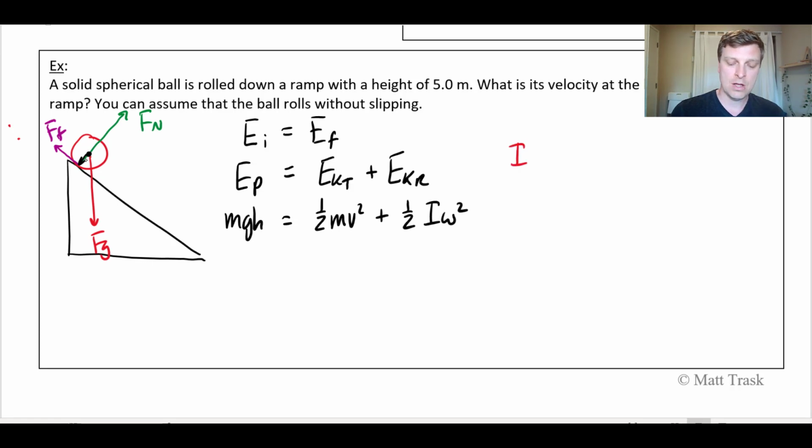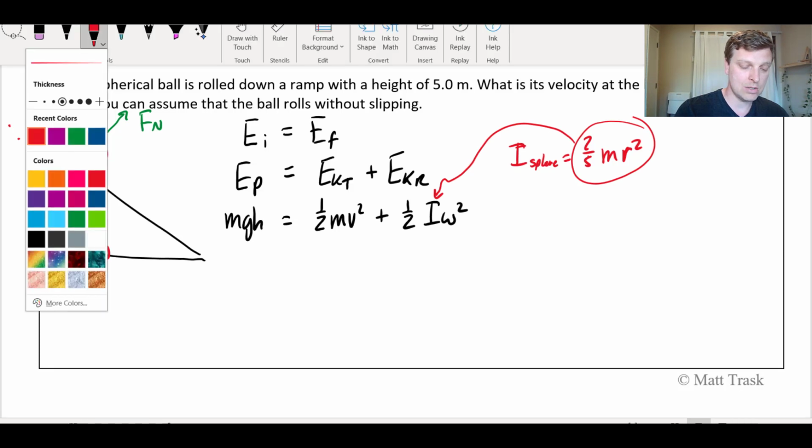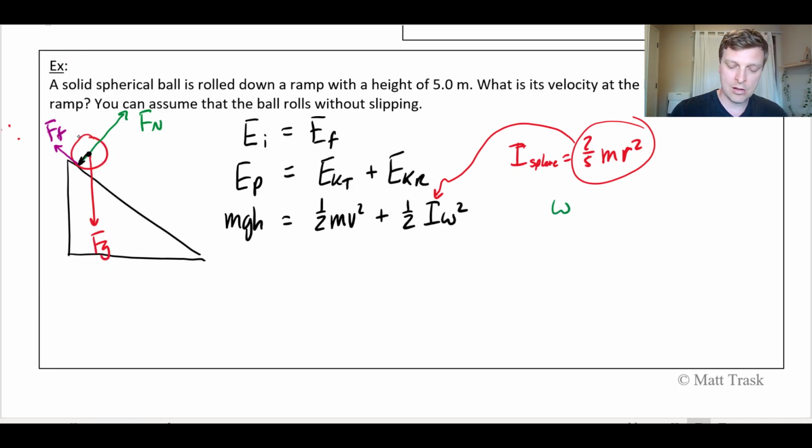First of all, the moment of inertia for a sphere is 2/5 mr squared. So I can take this and I can substitute it in right there. And then the second thing, of course, is to remember that the angular velocity is equal to the linear velocity divided by the radius. And so I can take this and I can substitute that in over there.